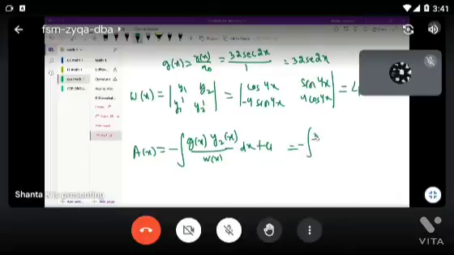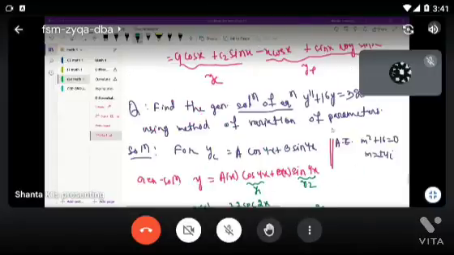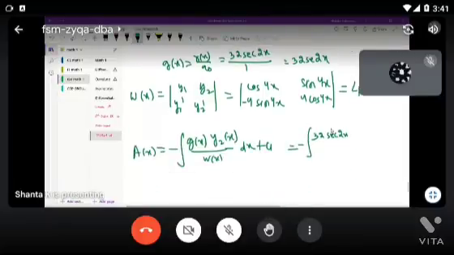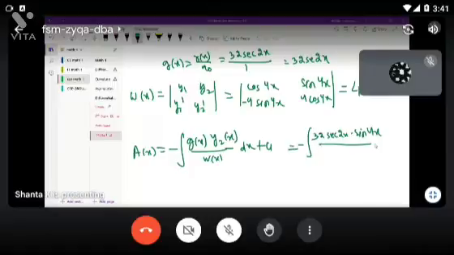So A(x): g(x) is 32 sec 2x, y2(x) is sin 4x, and we divide it by 4, dx, plus the constant. So how much are you getting? 8 cos 2x.